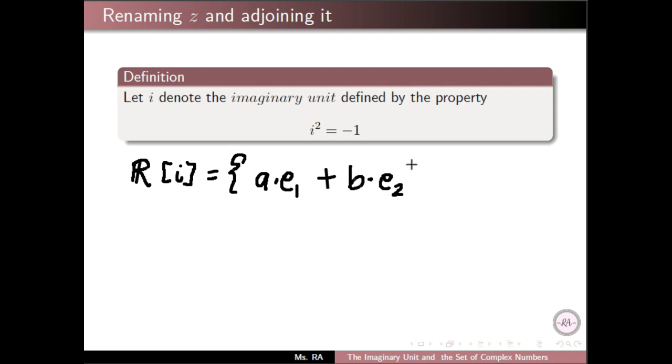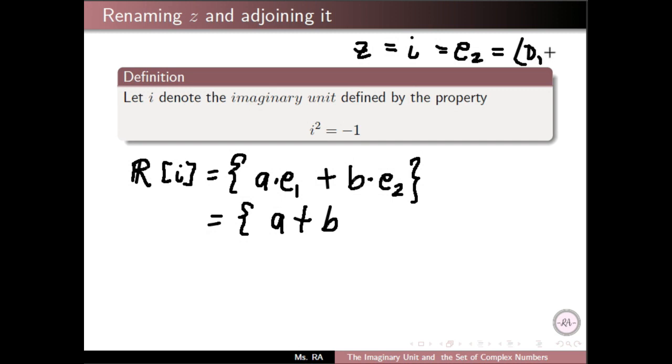And note that this is just 1, so we could come up with A plus B times something. Now recall that z, which we now call i, is equal to e sub 2, which is equal to (0, 1) from the previous slide.